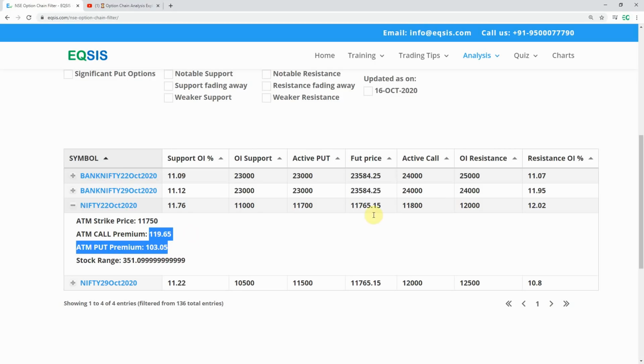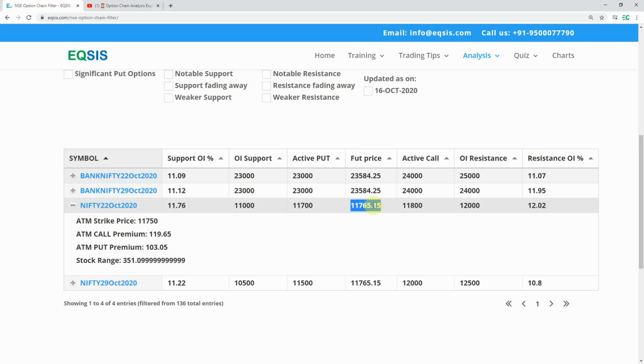So 330 on top of it, which works out to be 12,000, and 330 on the downside, which is close to 11,430 or odd. Okay, I think the market has 80% chances to get expired within that range.